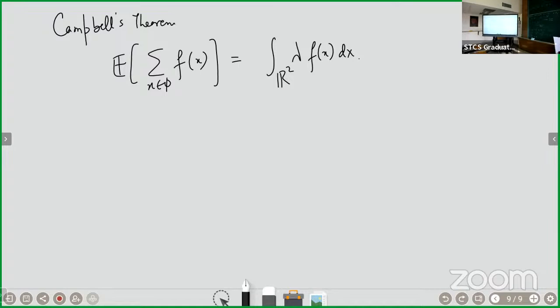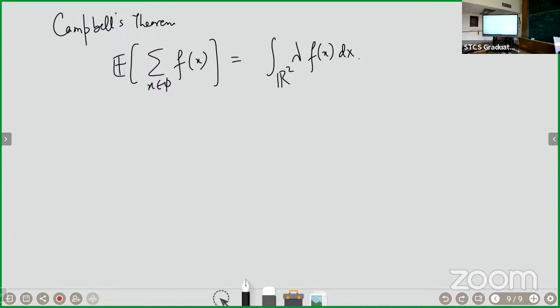You show this for a small class of functions, which are simple functions. It is true for all functions. Have you seen something called the standard machine? If you want to prove something like this for all functions, you first prove it for step functions, which only take either value 0 or a constant.